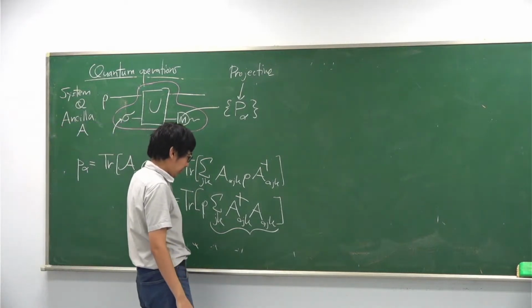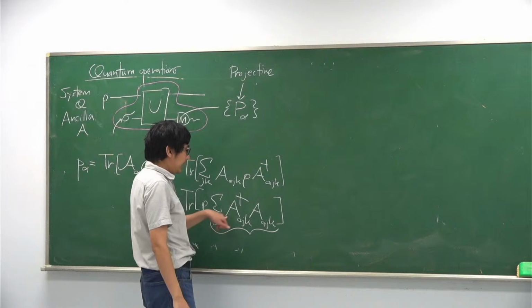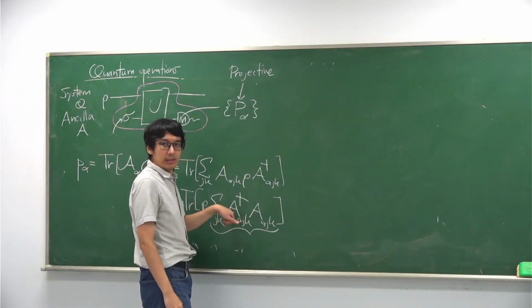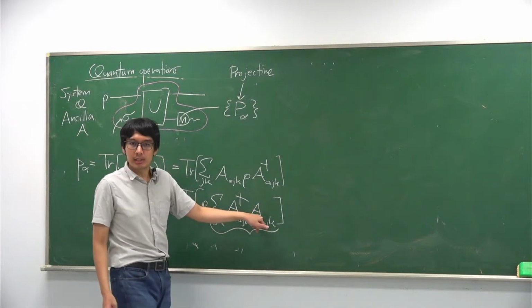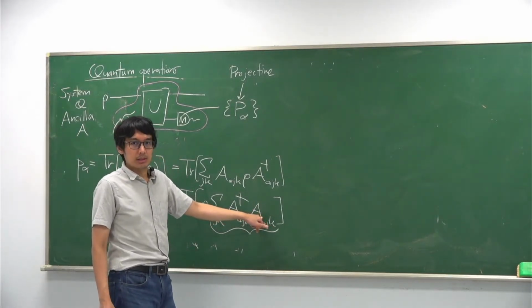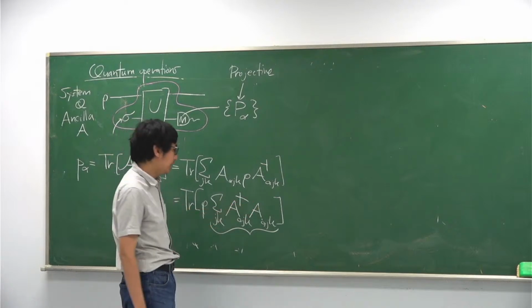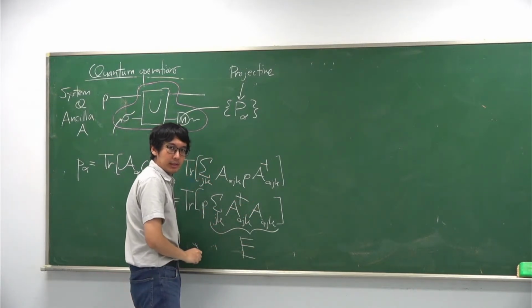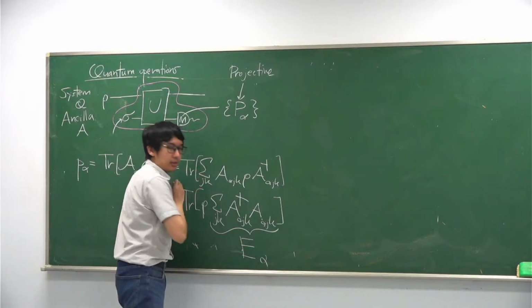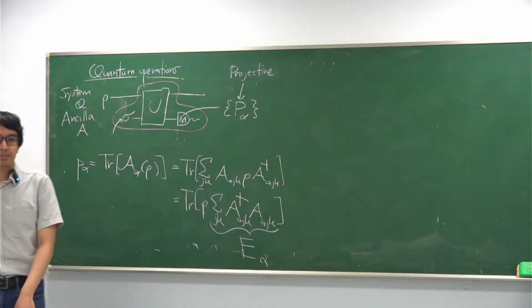And what is this? For any linear operator A, the combination A dagger A is a positive operator. When you sum them up, they are also positive operators. So this is nothing but the POVM element corresponding to the outcome alpha.